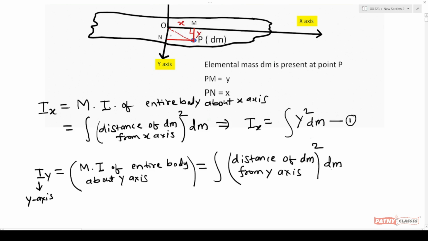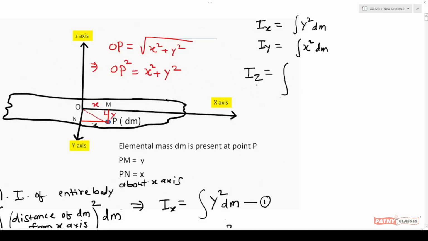The distance of dm from the y-axis equals x. Therefore, Iy equals the integration of x square dm. Call it equation number 2.